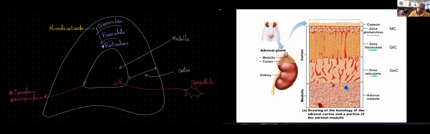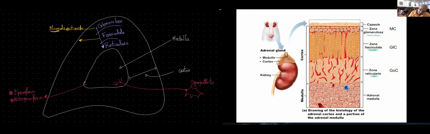From their name, mineralo, I am dealing with minerals, or in other words, ions. And corticoids, those are released from the cortex. From the zona fasciculata, we're releasing another set of cortical hormones.